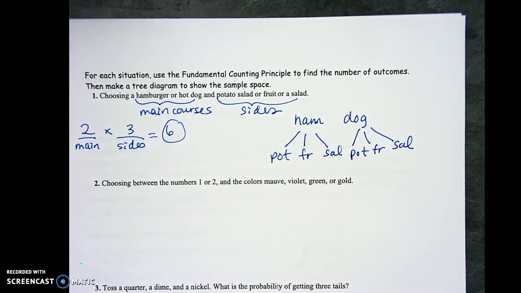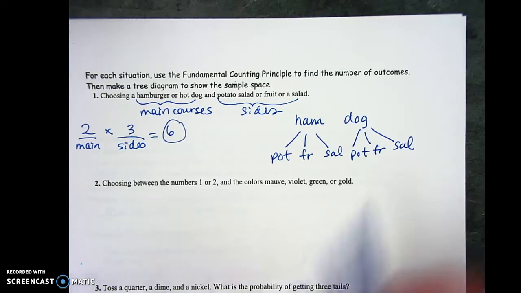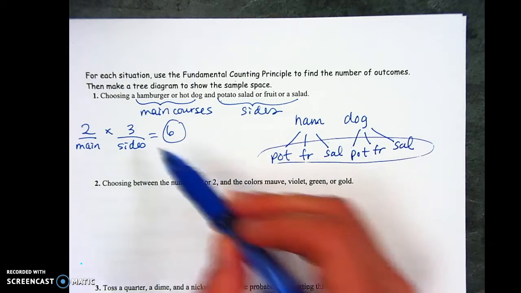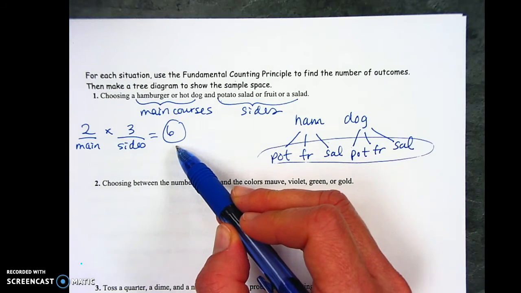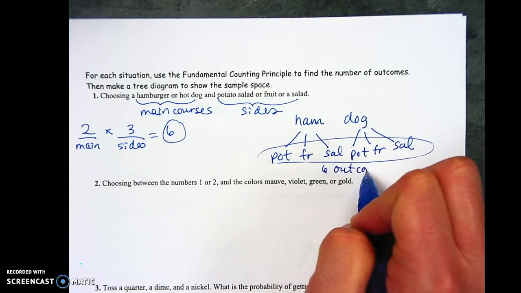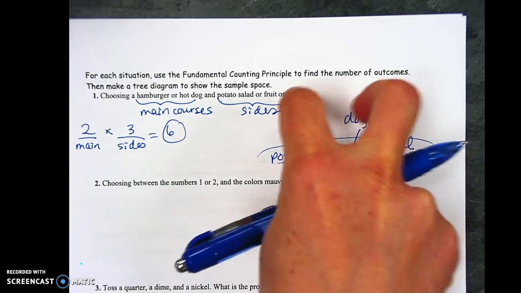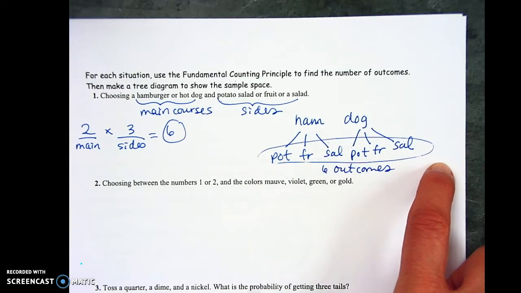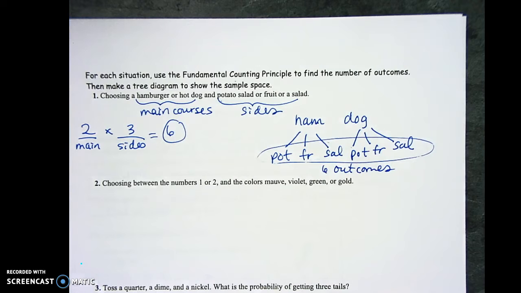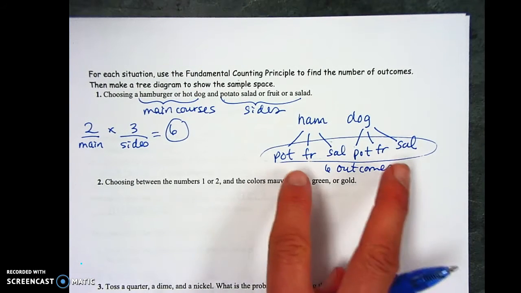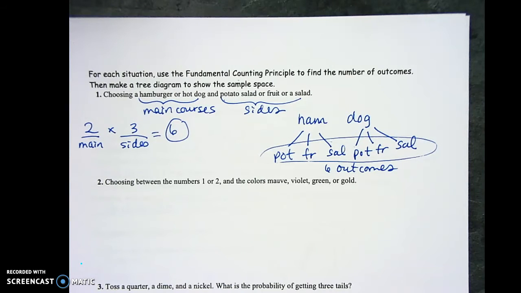You'll notice that whenever you draw a tree diagram, all of the options you have down here should be the same as the number of outcomes you could find for the fundamental counting principle. So 6 outcomes. This is like the tree trunk, and these are the branches at the end. So we've got 6 branches that come out. I could also just list all of these, but I don't need to do that right now. So our tree diagram shows all the outcomes.